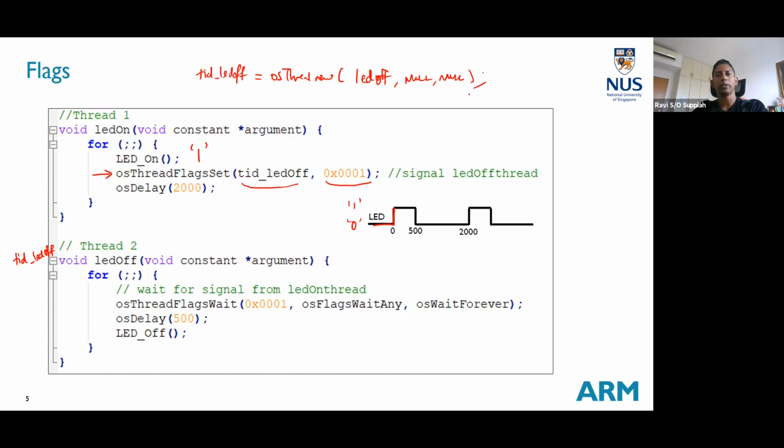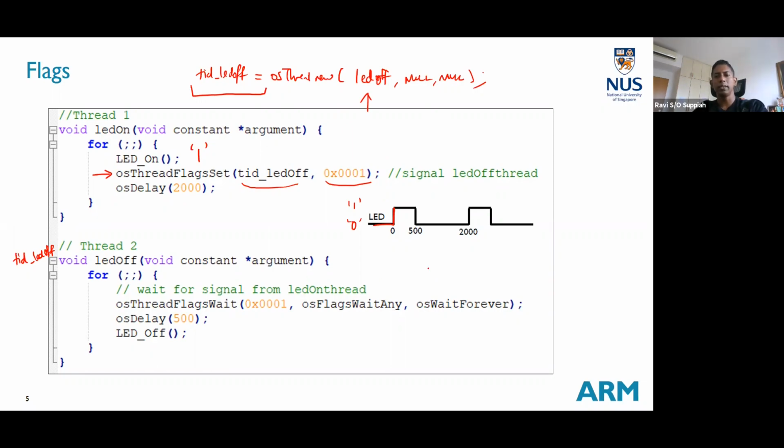This is what we need to execute in the main code. After OS kernel initialize, when I call OS thread new, I need to make sure I capture the ID. Now this TID LED off is the thread ID of the task that I've created, which is LED off. So in LED on, I can reference this task with this ID, and say that I want to set this particular flag to 1.